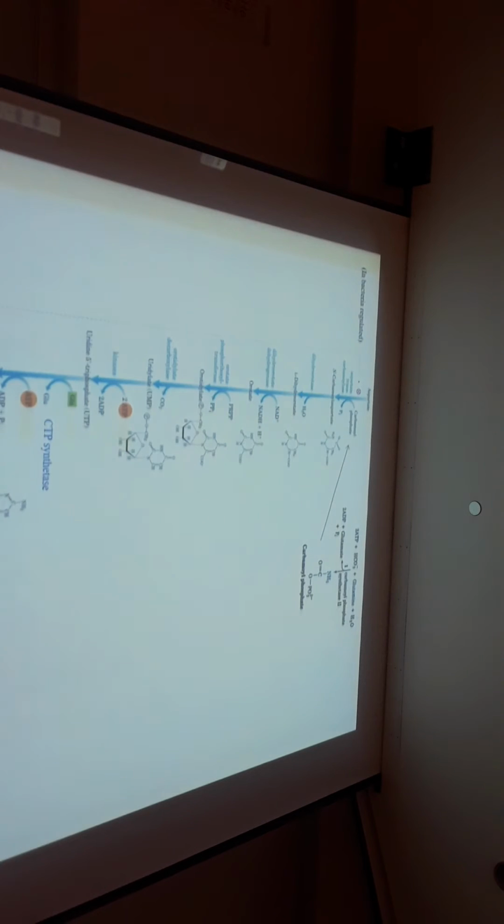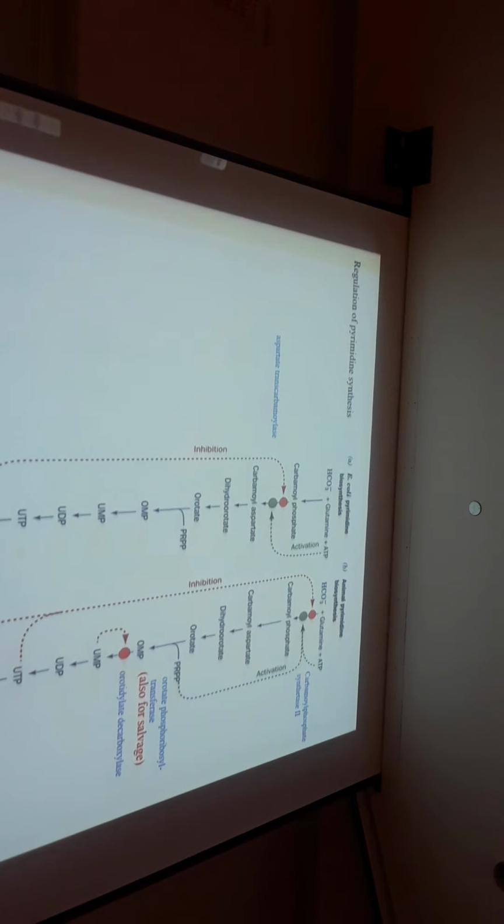Let's first take a look at the regulation of the synthesis of pyrimidine nucleotides. I don't expect you to remember any details here. The same principle that we saw for the regulation of the de novo synthesis of purine nucleotides applies, namely that our products at one point or another exert a negative feedback regulation. So you see the CTP can actually inhibit this step here where we produce our carbamoyl aspartate.